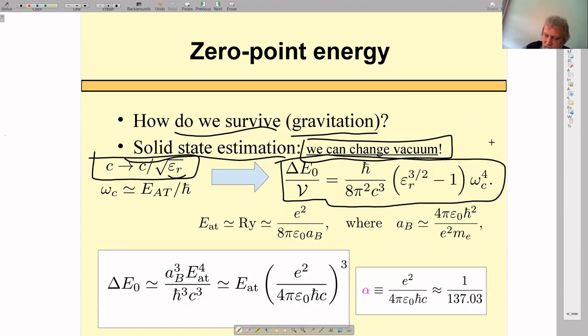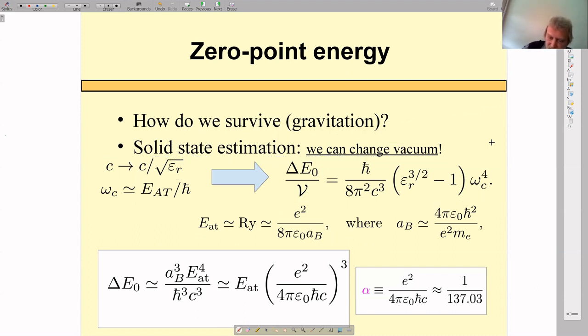Here it is. That's how much energy per volume I can store in quantum fluctuations.